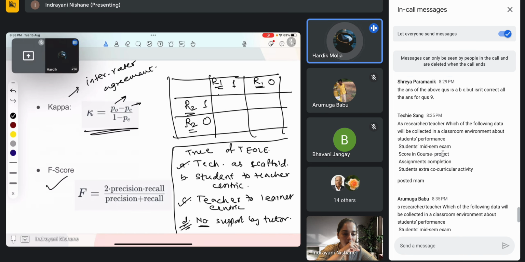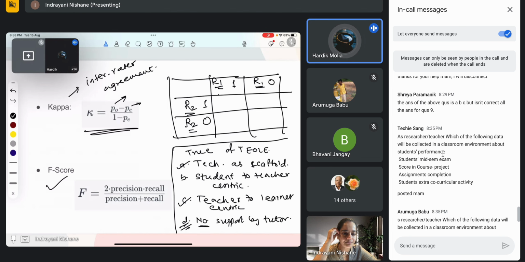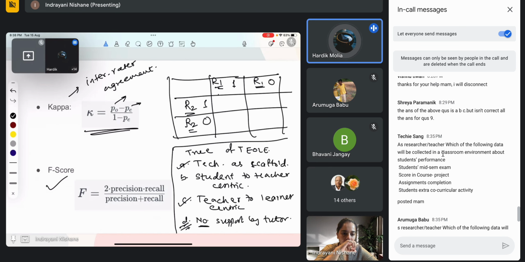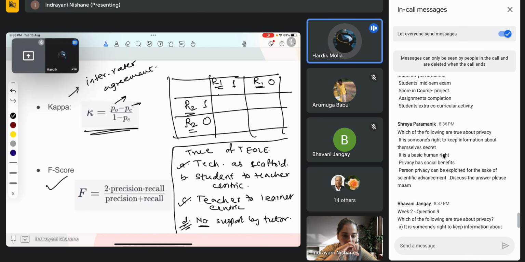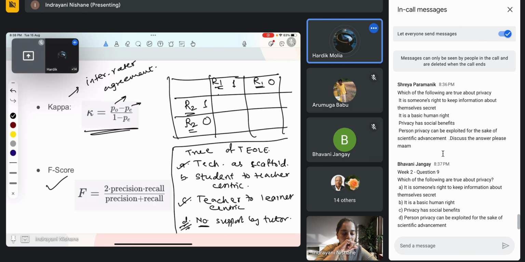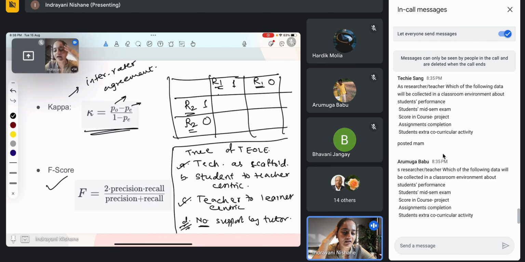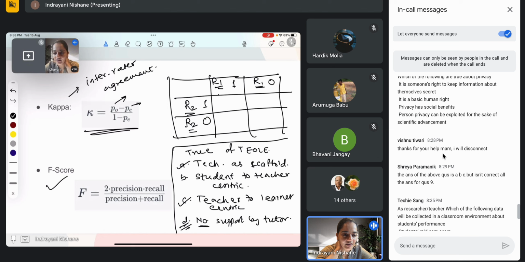Because if one option is not selected, the entire score is 0 in some cases, and in some cases partial score is given. So it's a request, and the same situation might be there with other participants also. Okay, I will convey your message to the current TAs.